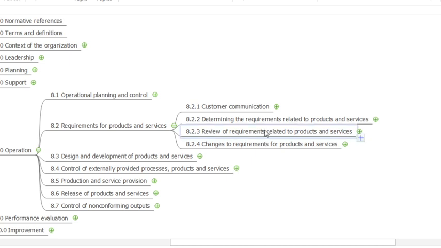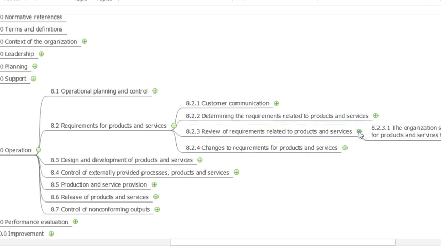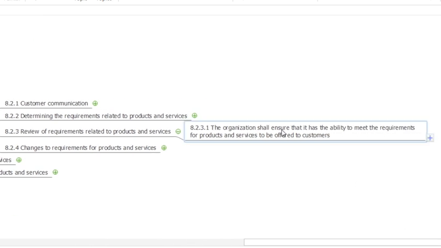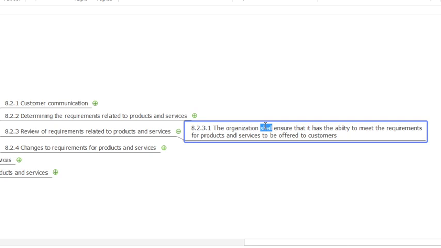Now review the requirements related to the product and services. The organization shall ensure that it has the ability to meet the requirements for products and services to be offered to the customer. Whatever we are providing to the customer, we should have the ability to provide.